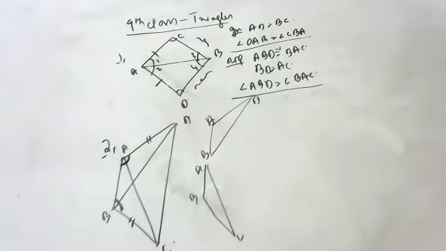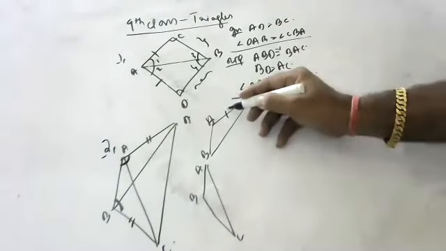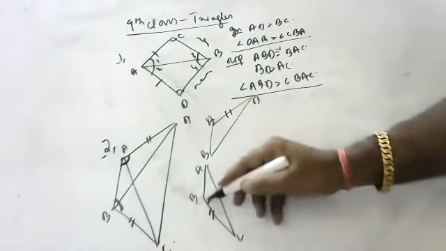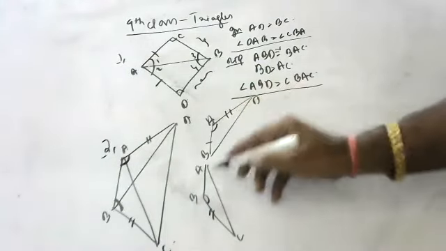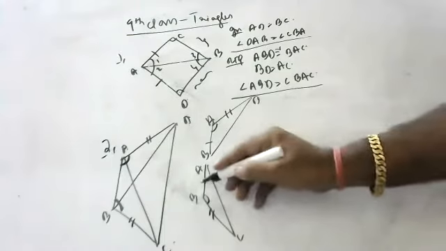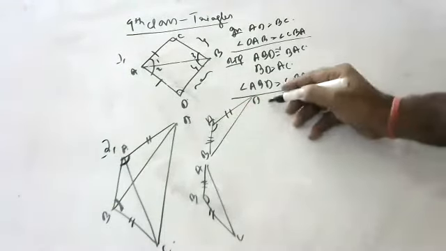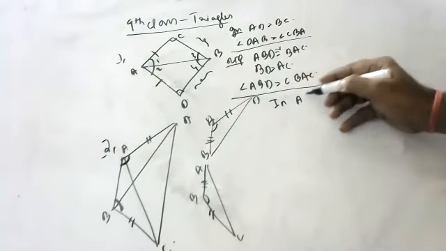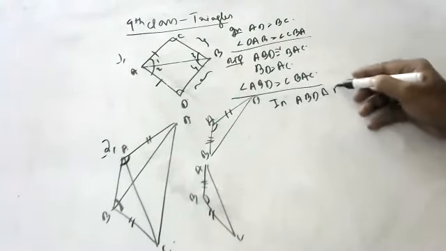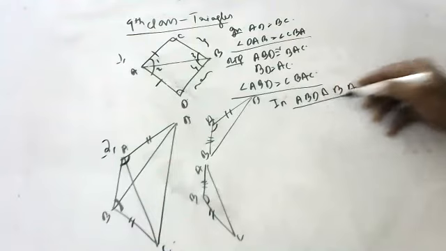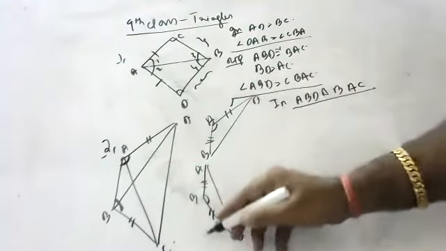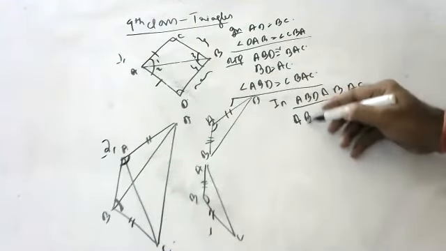And they already said that this and this are equal. This angle equals this angle, he said. This and this are common side. So children, in triangles ABD and BAC, AB is equal to BC. Why, children?